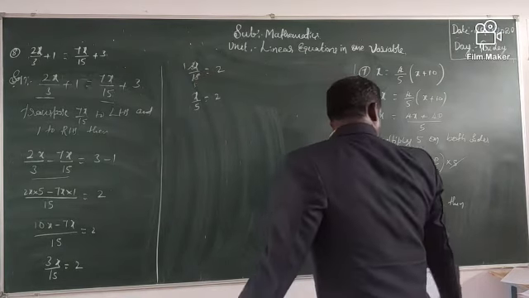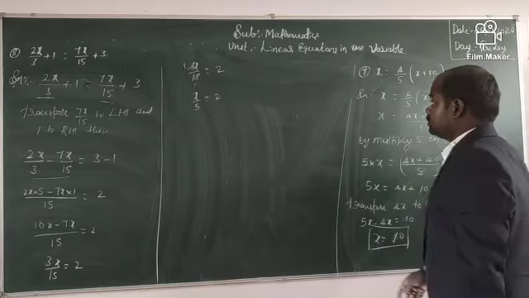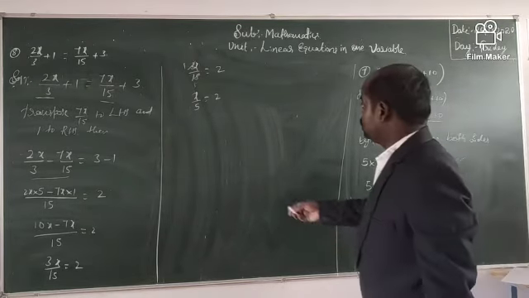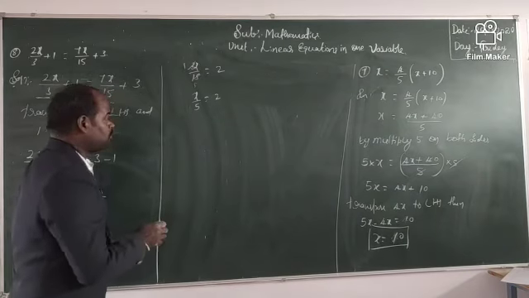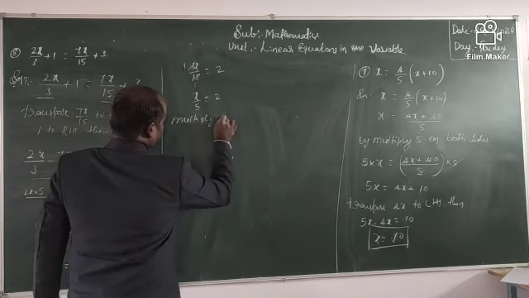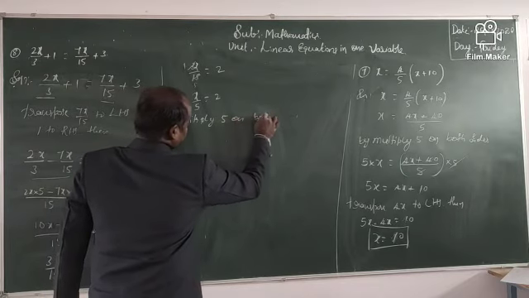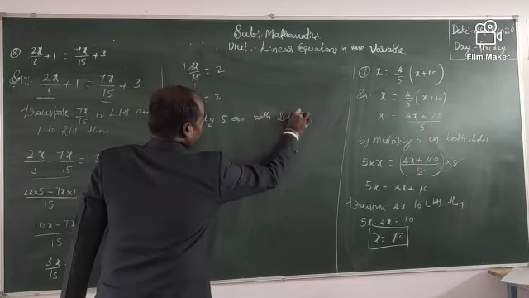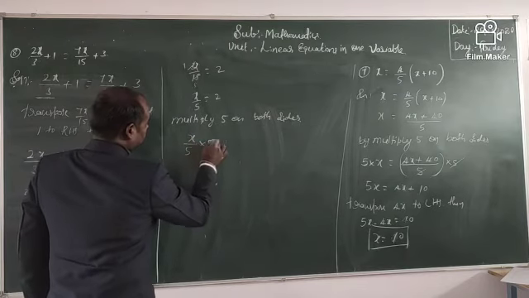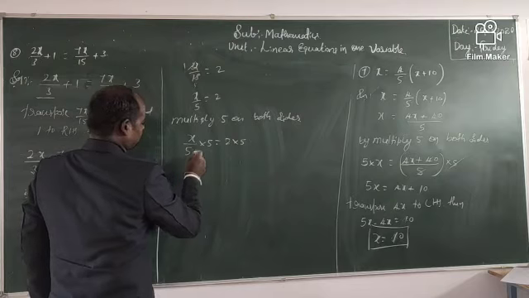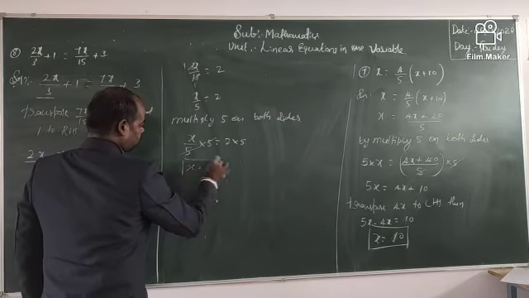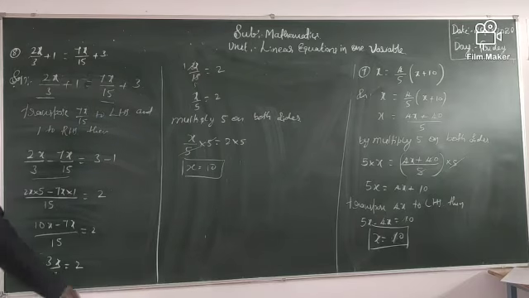Okay, we want to cancel the 5 here. So what we have to do? We have to multiply 5 on both sides. Then x by 5 into 5 is equal to 2 into 5. 5 is cancelled. x equal to 2 into 5 is 10. This is our answer.